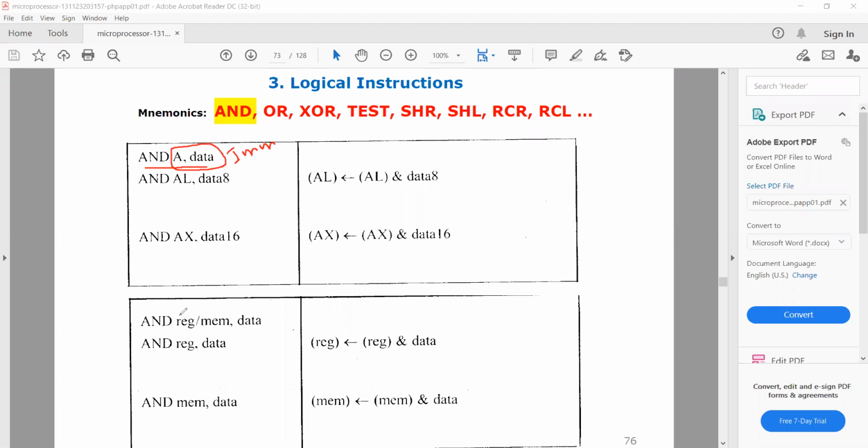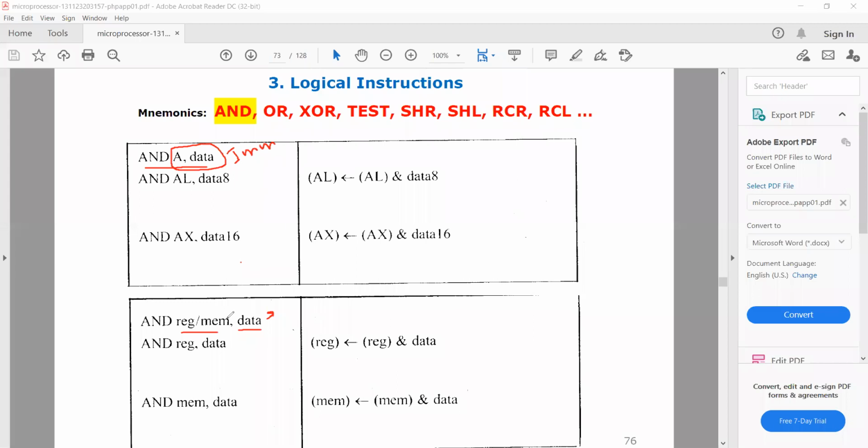Now coming to the next addressing. In this, we are using a register with direct data. This also comes under immediate, but in this addressing we are using a register. In this addressing mode, we are using either a register or a memory location. Hope the things are clear to you.